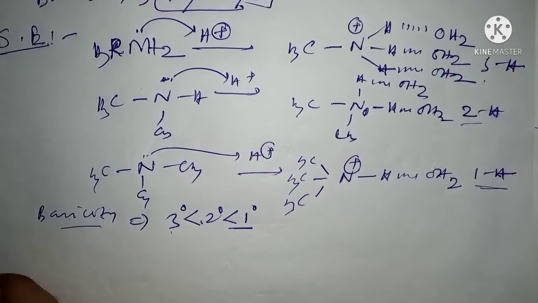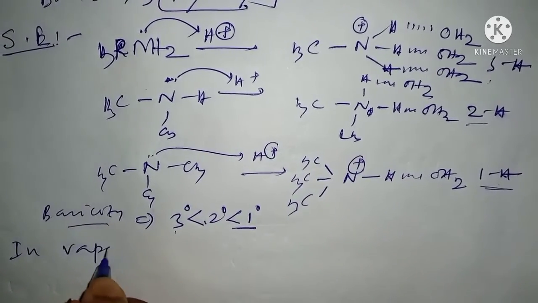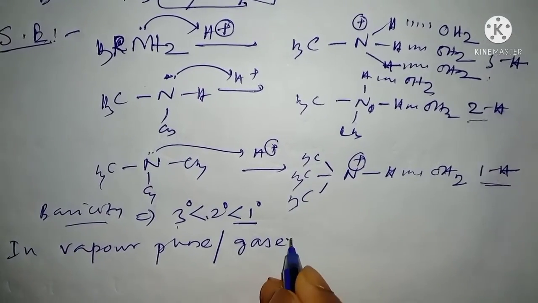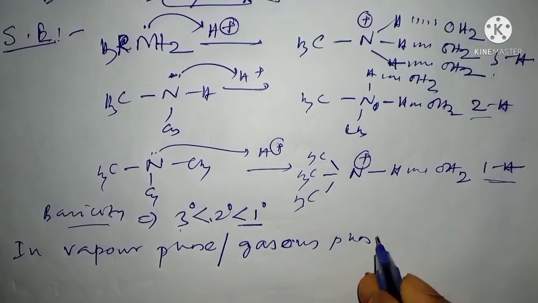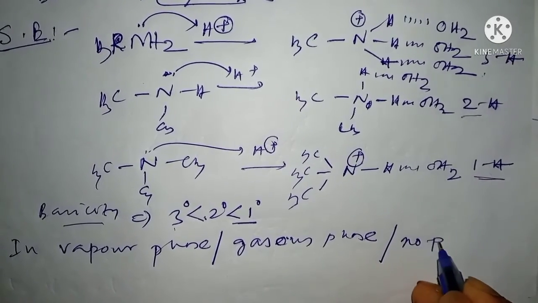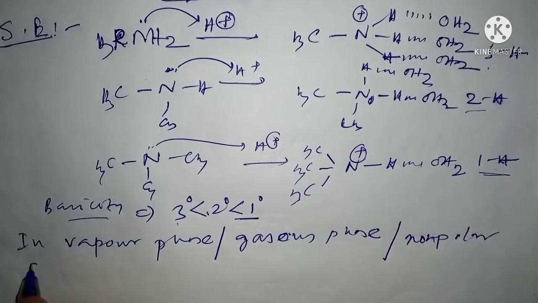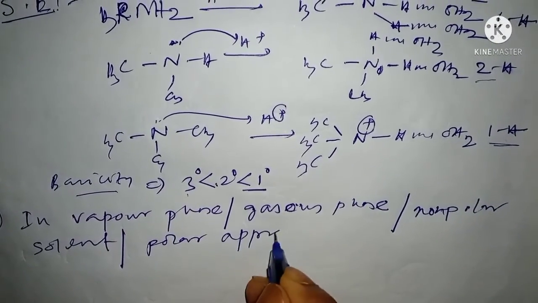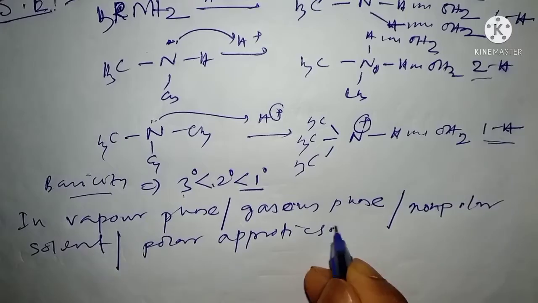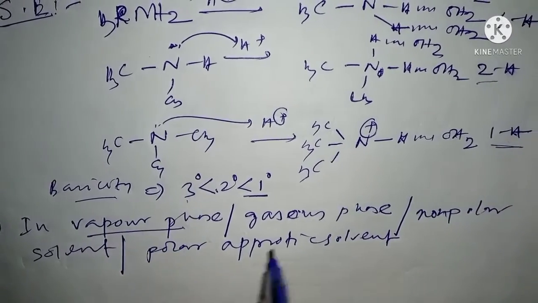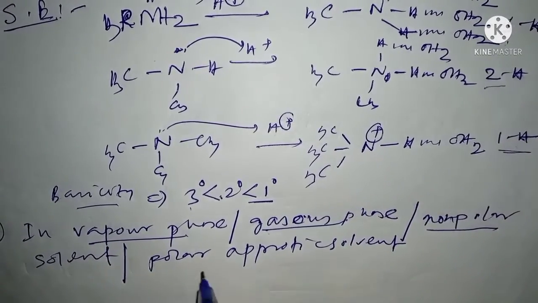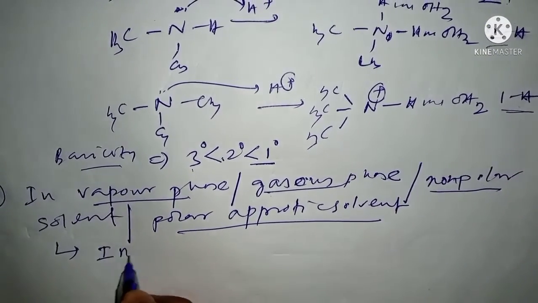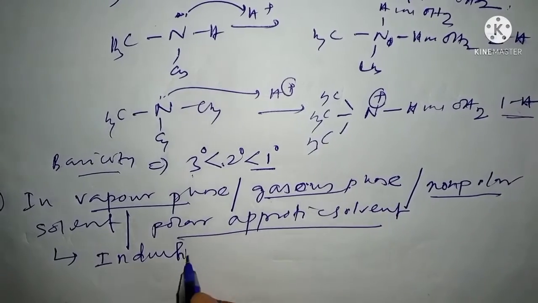Now the question is, in vapor phase or gaseous phase, or in a non-polar solvent or polar aprotic solvent, the answer is all the same. The inductive effect is predominant.